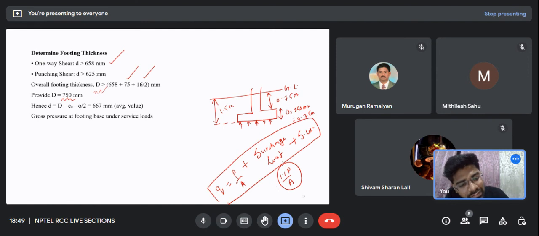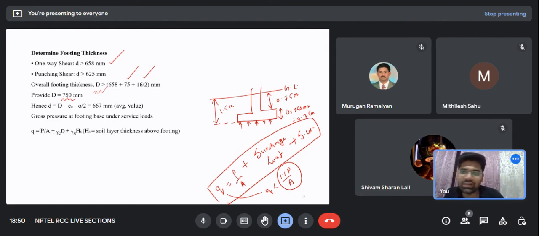This Q should be greater. What I have assumed should be greater, so that if I assume higher load acting on my footing and I have designed for that higher load, then it is fine. But if the actual load acting comes out to be higher, then I will have to redesign.